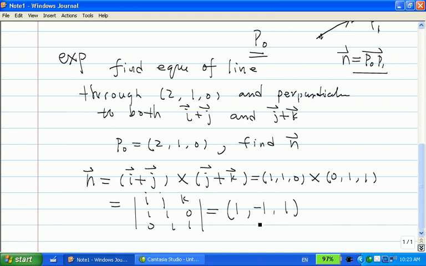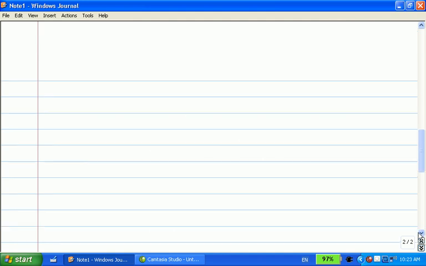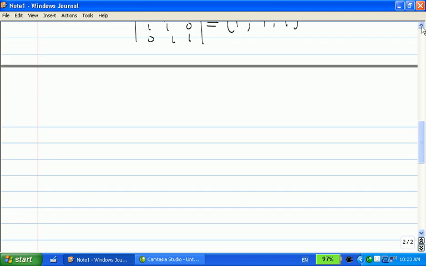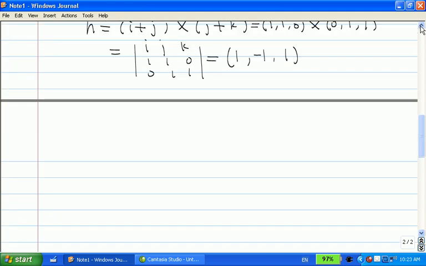Why? n is a vector perpendicular to both vector i plus j and j plus k, because we performed the cross product, and obviously your line will be parallel with this vector n. Therefore, n is qualified to be the direction we're looking for.